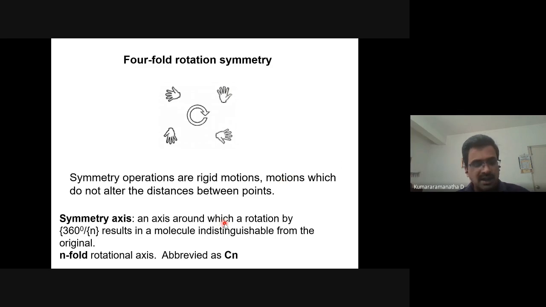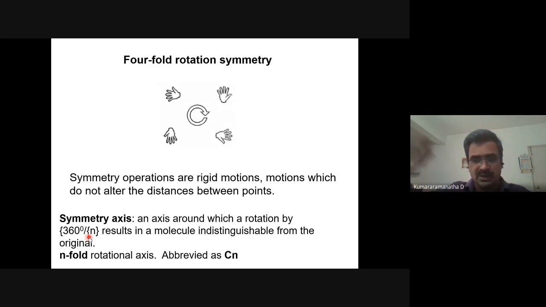Now, as some of you pointed out, a vertical axis. How do we define a generalized term? What essentially we are looking at is the symmetric axis. There is an imaginary symmetric axis around which the rotation is 360 by n.